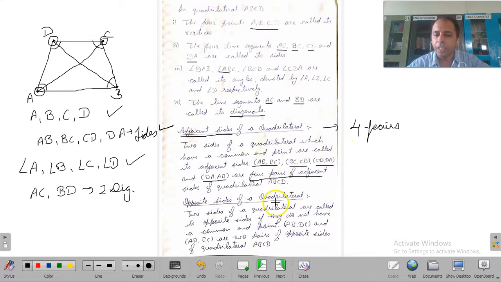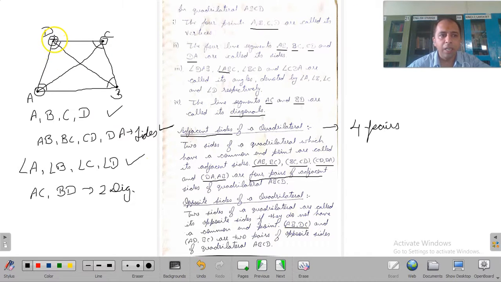Opposite sides of a quadrilateral. Two sides of a quadrilateral are called its opposite sides if they do not have a common end point. Look at sides AB and CD. They do not have a common end point, so these sides AB and DC are opposite sides.